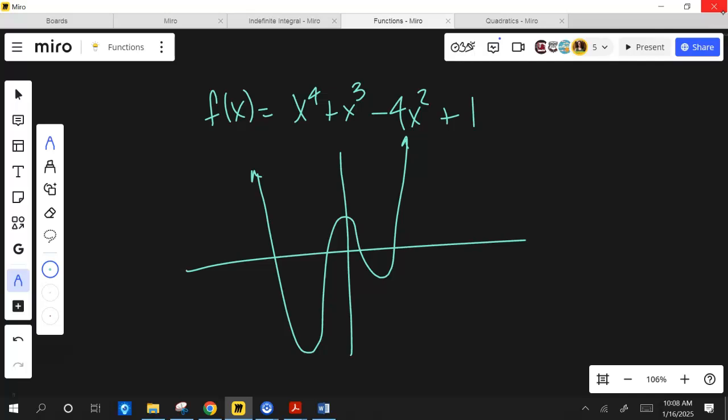Because it's on this little paper right here, and I'm basing a graph on my calculator.